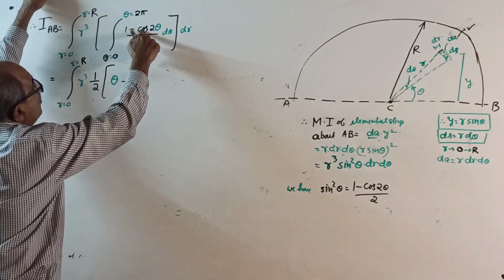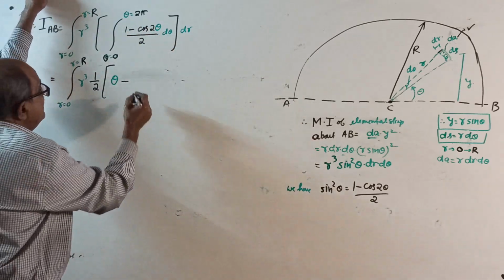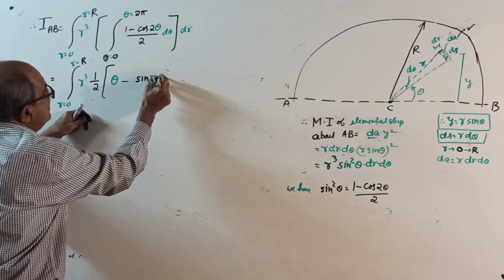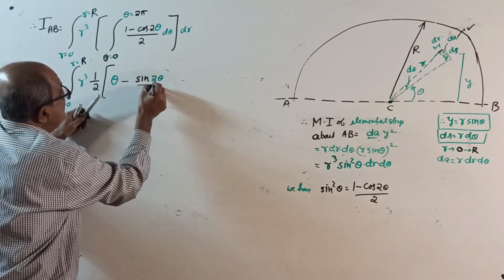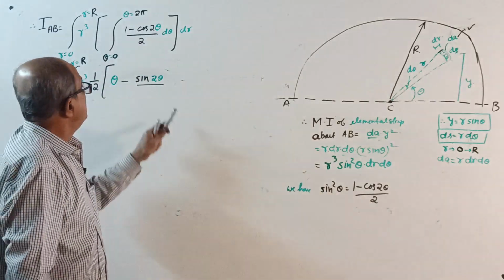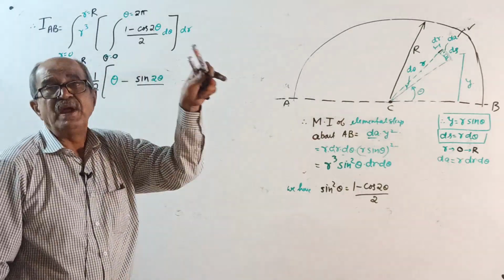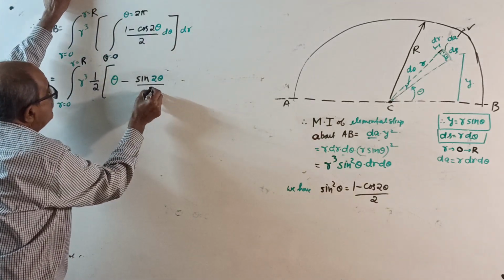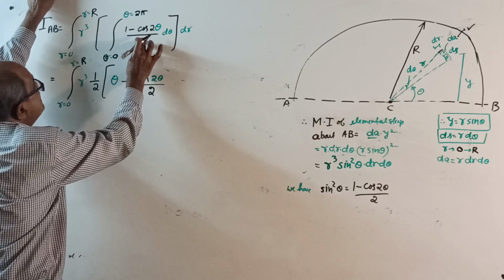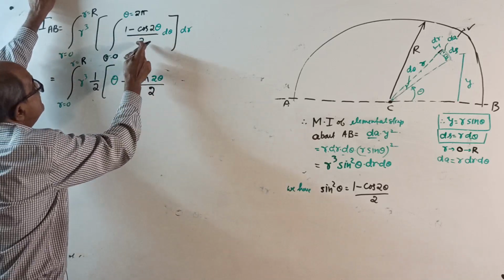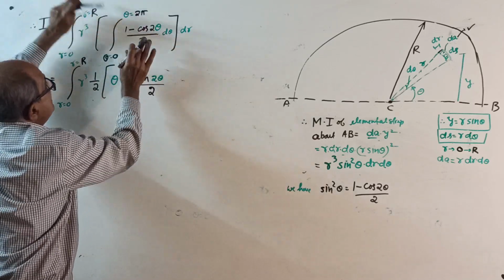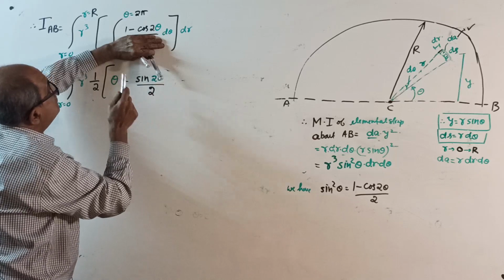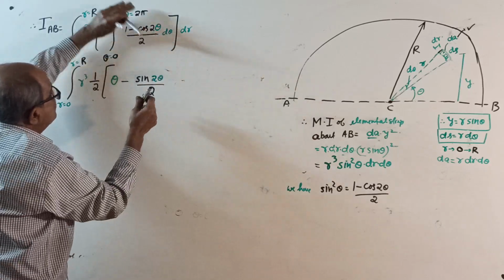Minus, cos 2 theta becomes sin 2 theta. But remember, when you differentiate sin 2 theta, you have to multiply by 2. When you integrate, you have to divide by the coefficient of theta, 2. This 2 is not this 2. This 2 has already gone outside. This 2 is in cos 2 theta, when you integrate it is sin 2 theta by the coefficient of theta, 2.